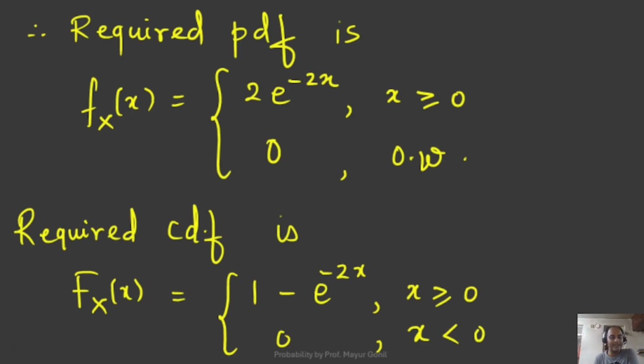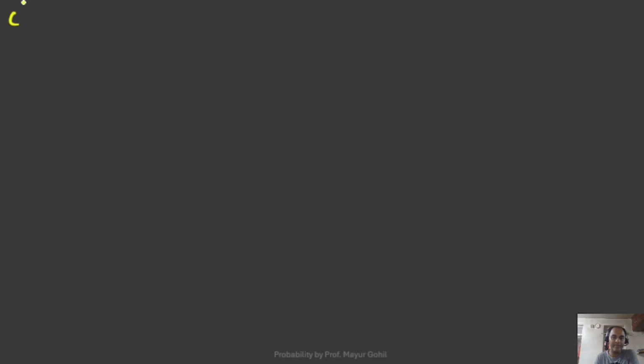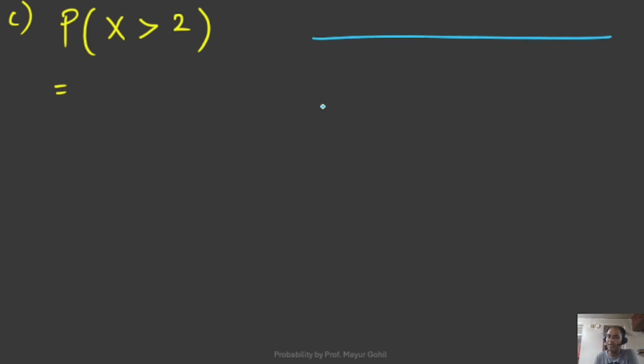Now, having said that we know what the CDF and the PDF are, let us calculate the probability that is asked. Part C says that we are asked to find the probability of x greater than or equal to 2. How do we do this? First let us draw the interval.